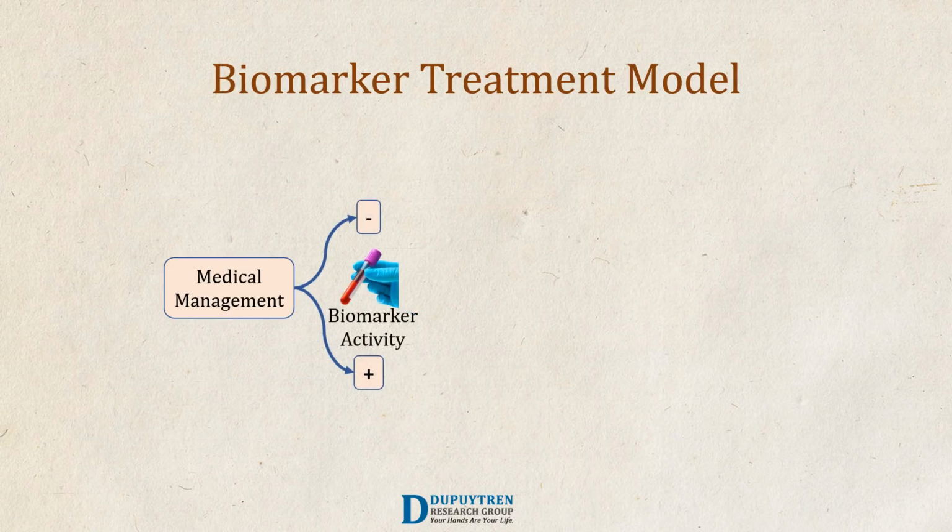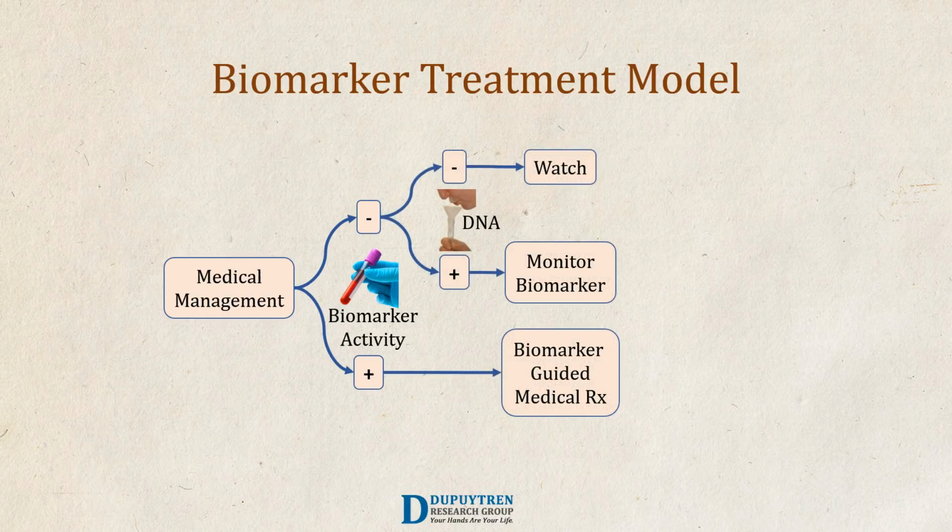The initial evaluation would be to get a biomarker panel survey to assay: do they have active Dupuytren biology now? And if they do, then they could go on preventive treatment that would be guided by biomarker results over the long term.